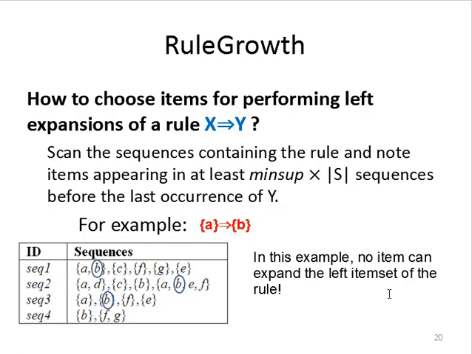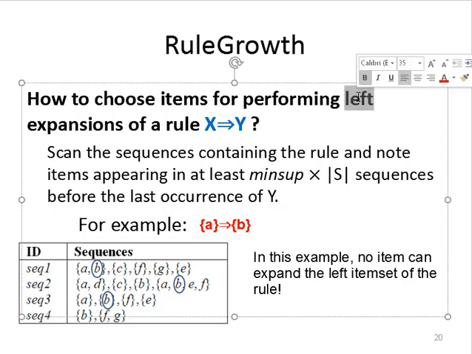So in this example, no item can be added to the left of the rule. We don't need to look at what appears after B, because if we want to add to the left side, it must be before the last B in each sequence. So I hope this is clear. This is not a very complicated idea actually.